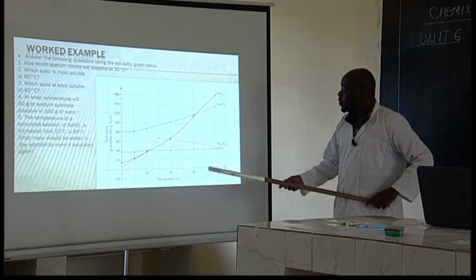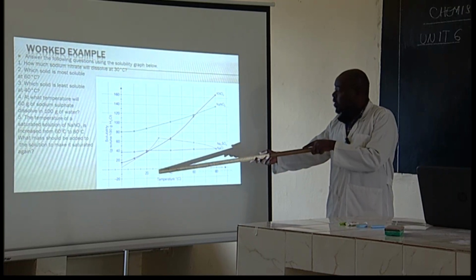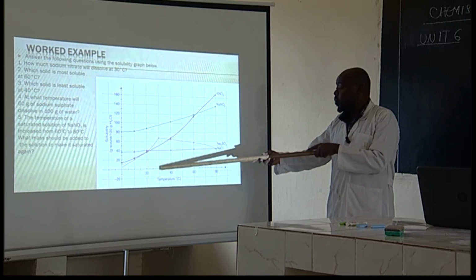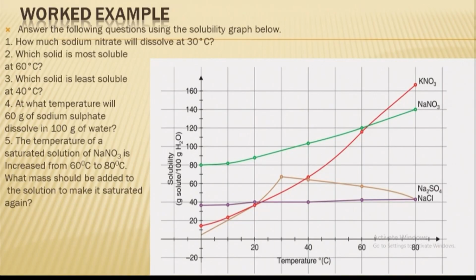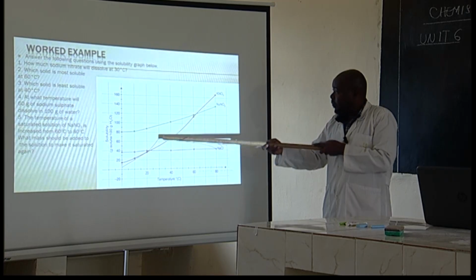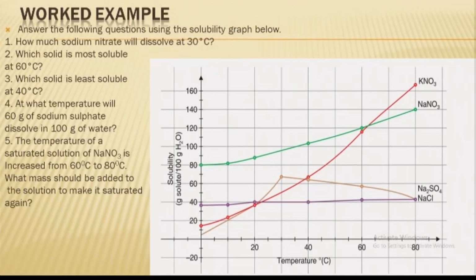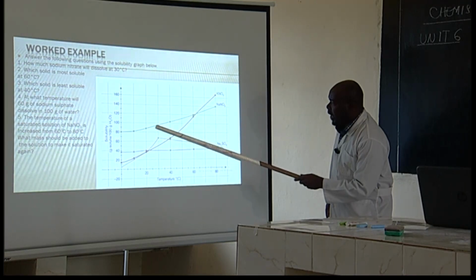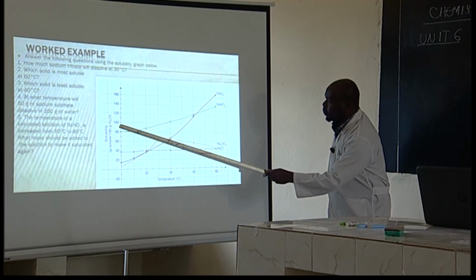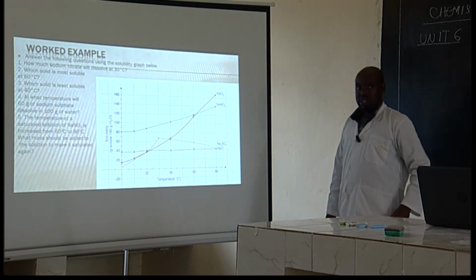What do you do? You draw a vertical line. As I said, you will make sure that it is perpendicular to the x-axis. And it will go up like this, up to this point. You make sure that it touches the curve. The curve will be touched here, at this point. And from the same point, you extend another line up to the solubility axis.